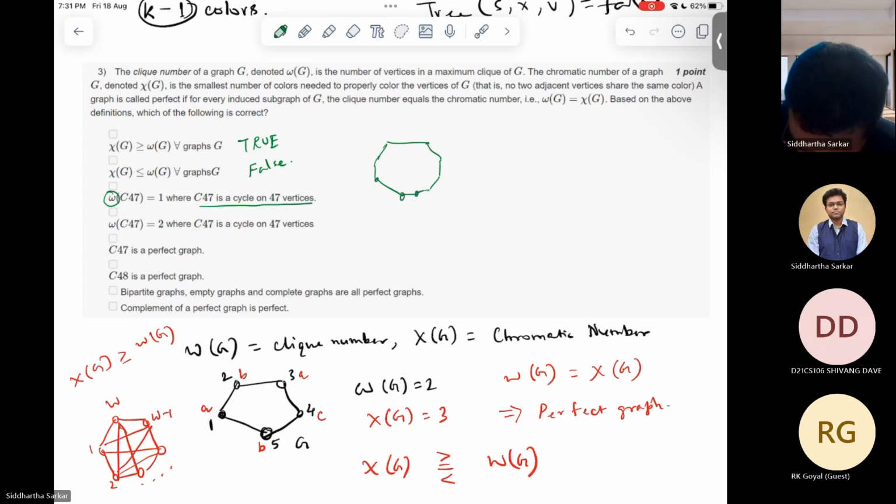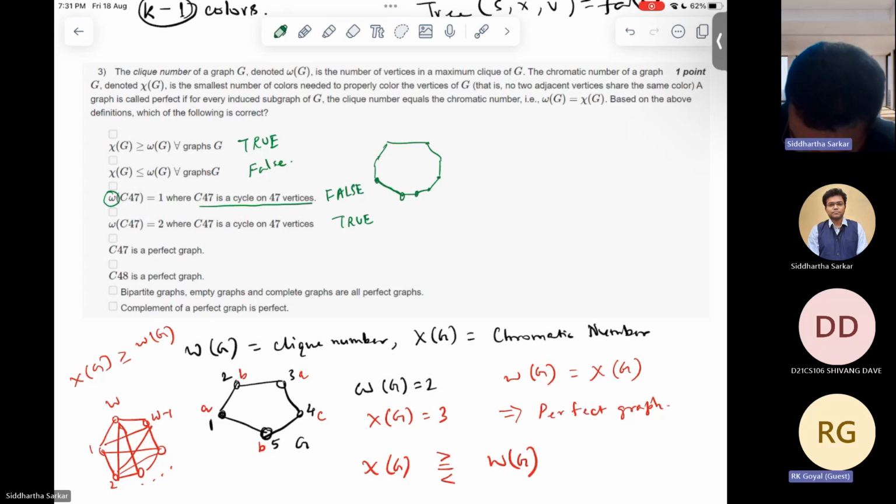So there are no triangles, so omega cannot be 3. But there is an edge, and an edge is a clique on two vertices. So the next statement, that the omega of C47 is 2, this is true.